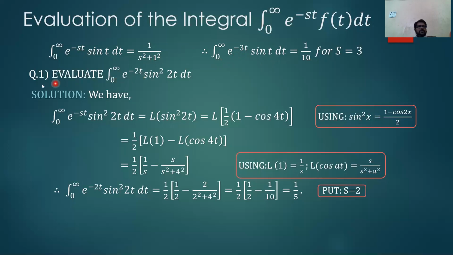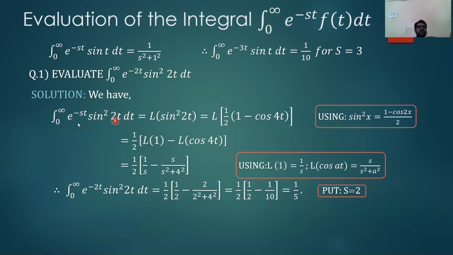The first problem here I have solved. Evaluate the integral from 0 to infinity e raised to minus 2t sine square 2t dt. Again, by the definition of Laplace transform, the Laplace of sine square 2t is the integral from 0 to infinity e raised to minus st sine square 2t dt.